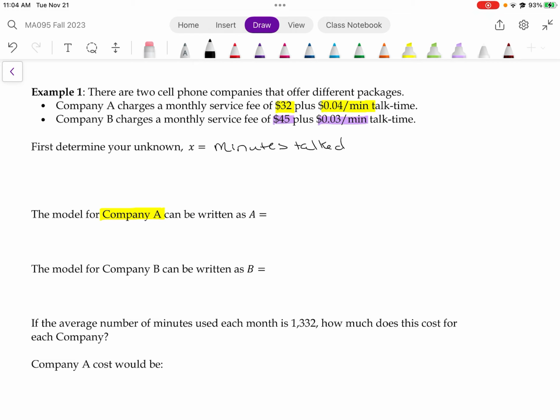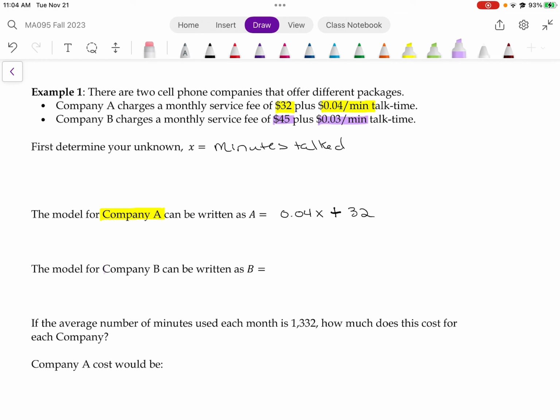Your rate of change is 0.04, and that's going to be times the minutes talked. So you talk for 1 minute, it's 4 cents. 2 minutes, it's 8 cents. 3 minutes, and so on, right? So that's going to determine your price from the number of minutes talked. Plus 32 is going to be your base price.